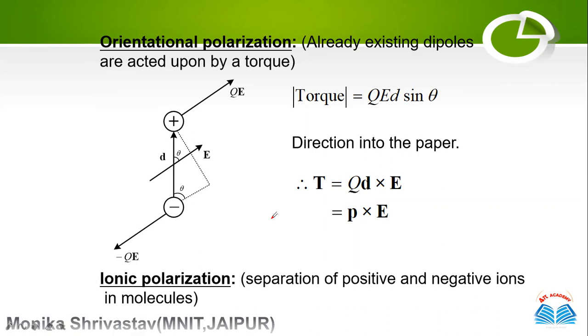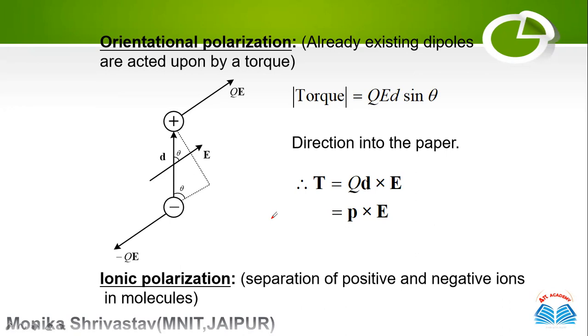There were some dipoles already in those materials, and when we apply some electric field, those dipoles get excited and want to align in the direction of the applied electric field. When they try to align themselves, torque will be generated.